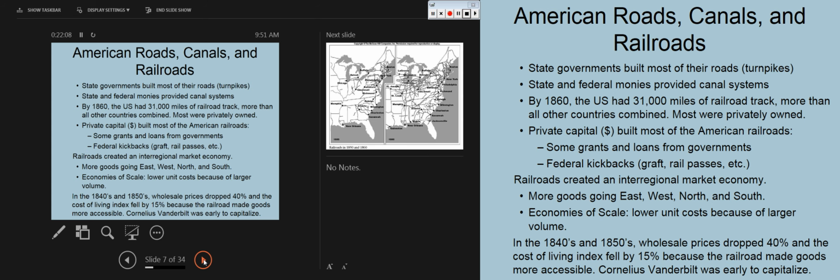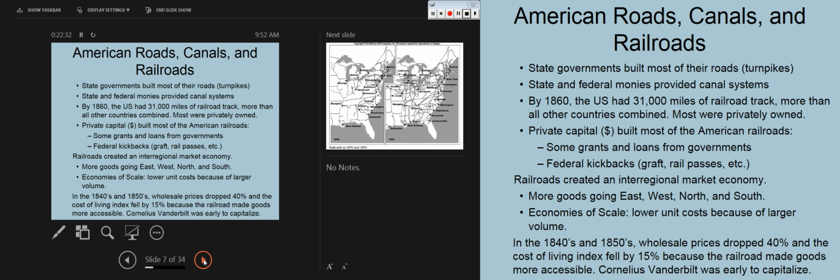The North is going to move quicker to develop a more universal gauge, and that's something that Lincoln's going to do as president. He is going to demand that there be a universal gauge during the Civil War, and basically the federal government takes over the railroad. So we'll get into that. I'm getting a little ahead of myself on that.